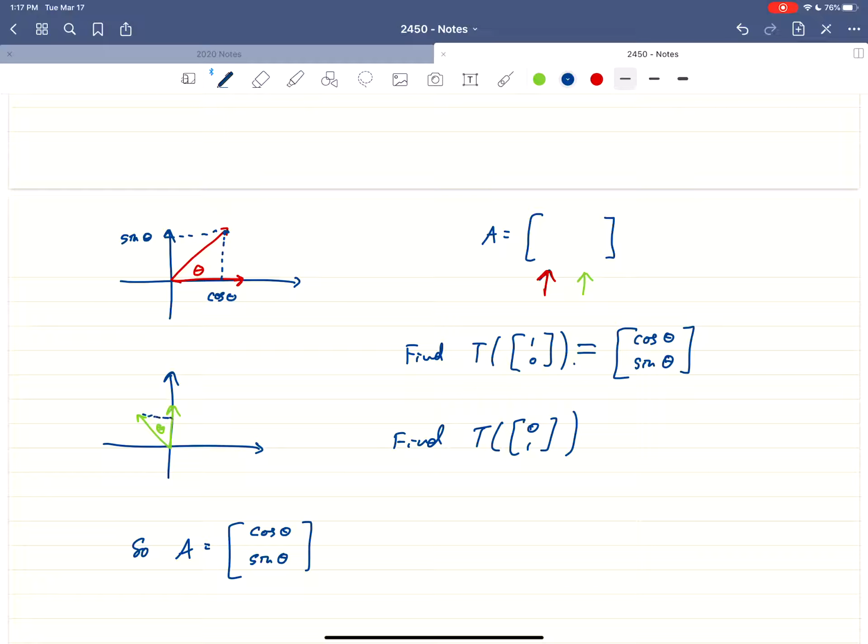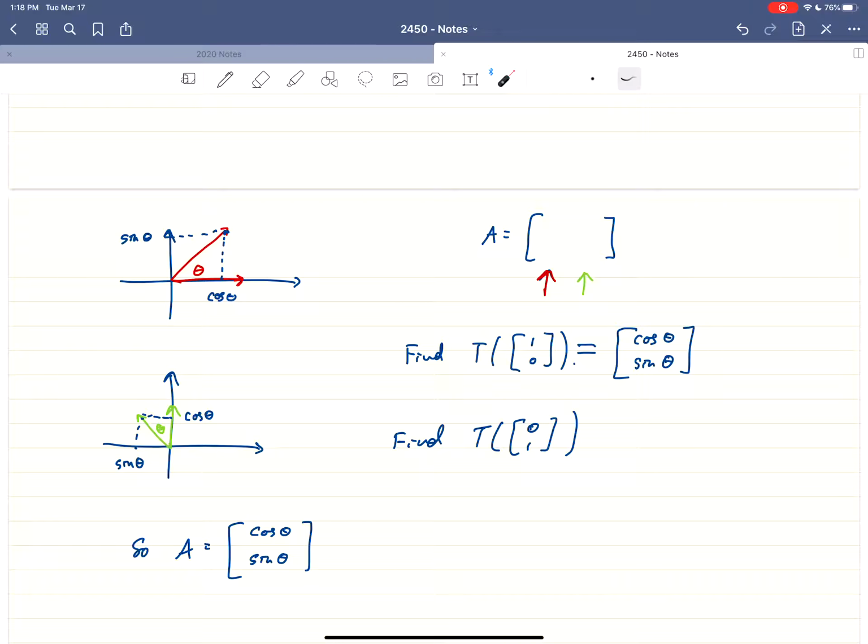It turns out that the y value is really going to be cosine of theta, and the x value is going to be sine of theta, except that you have to think about the following. This cosine value is positive because it's a positive y value, but the sine of theta is going to be negative because this is a negative x value.